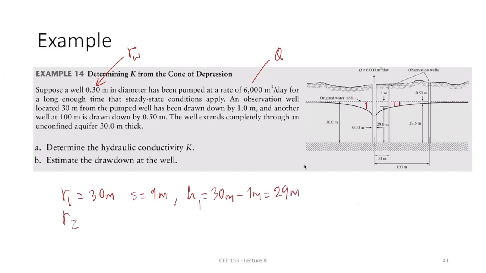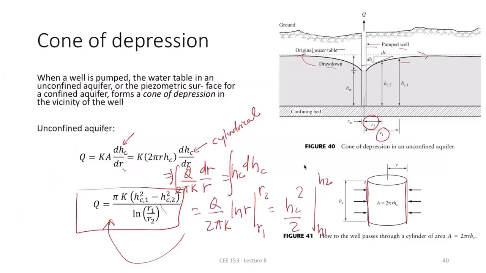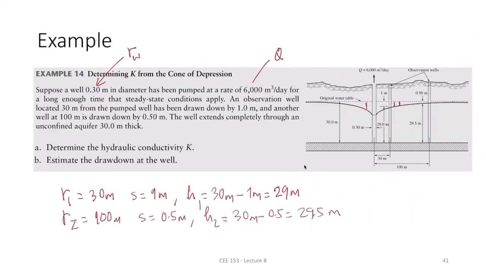And r2 is 100 meters from that well. The drawdown is 0.5 meters, so h2 would be 30 meters minus 0.5, which will be 29.5 meters. The well extends completely through the unconfined aquifer of 30 meters thickness. So the thickness of the aquifer is 30 meters. So let's write D, or thickness.